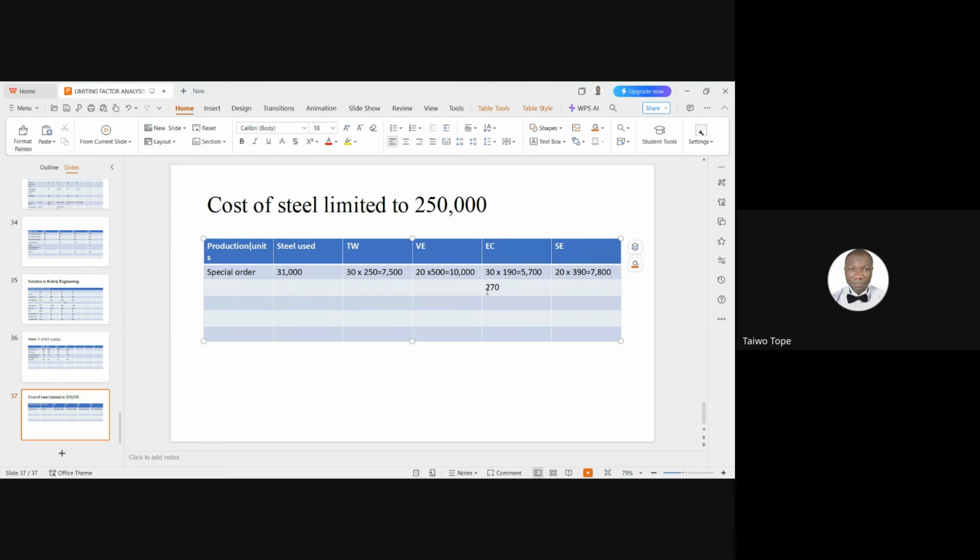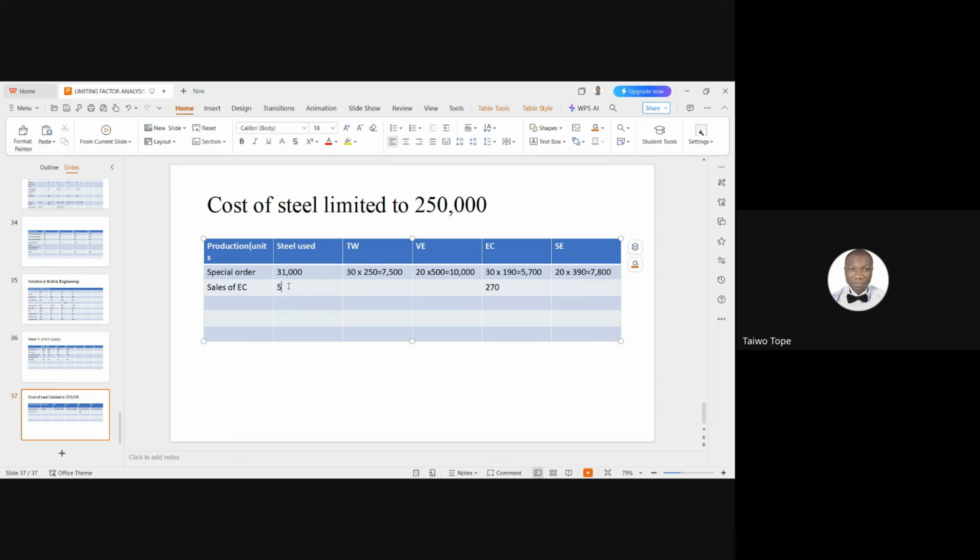So how much are you going to incur to buy steel worth 270 for EC? 270 times 190, the cost of EC, is 51,300.